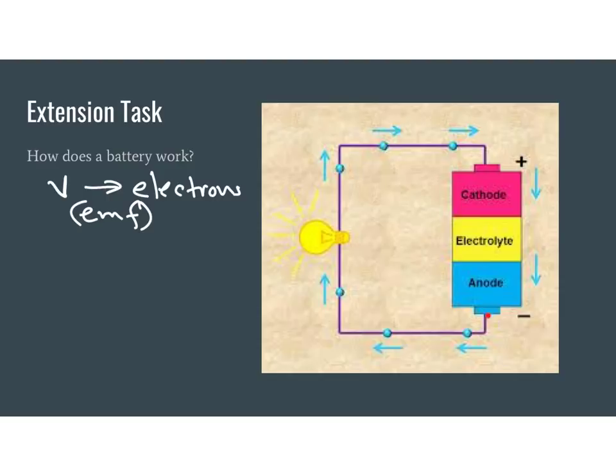So this metal wants to give up electrons to this metal, but it would only give up so many before this metal here would become negatively charged, and then would start repelling all of the electrons back. So in order for this reaction to continue, something needs to happen in the middle. And this is where you have chemicals in the middle that will react with the anode here to provide free electrons to be sent this direction.